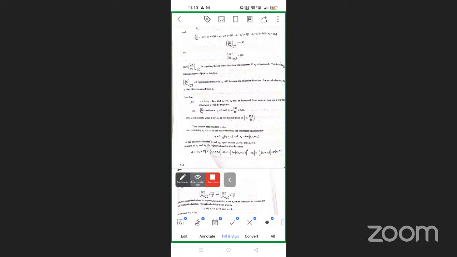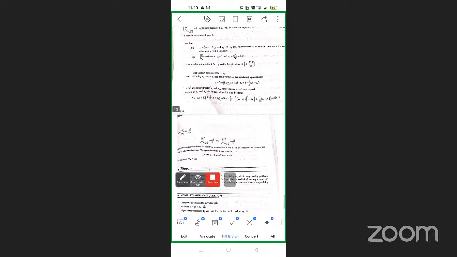Similarly, x2 and x4. So two cases. First, we can choose basic variables x1 and x2. The next case, we can choose basic variables as x2 and x4. Here, with x2 and x4, we can apply the same process: 25 into x2 minus 10 into x1. We differentiate with respect to x1 and x2, equating to 0.